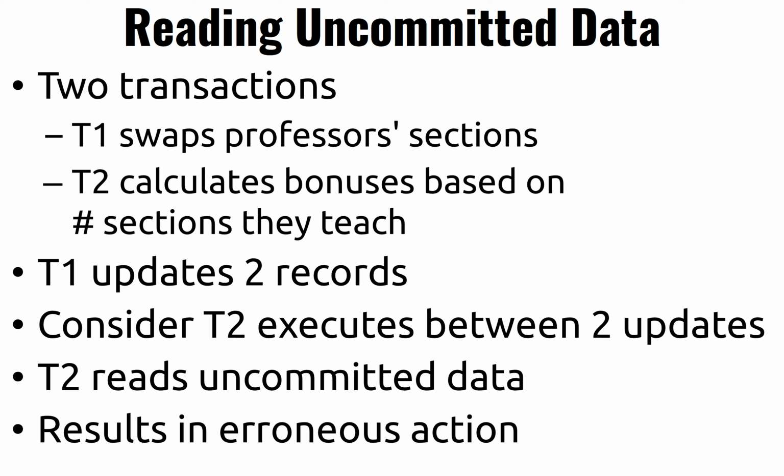Because it's updating two different things, it first updates the section for the first professor, and before it gets to update the second professor, transaction two executes in between those two things.